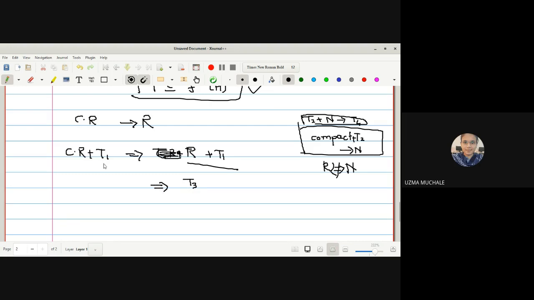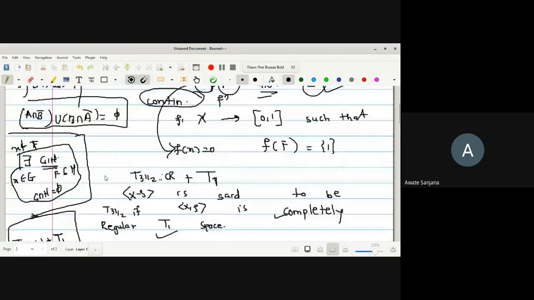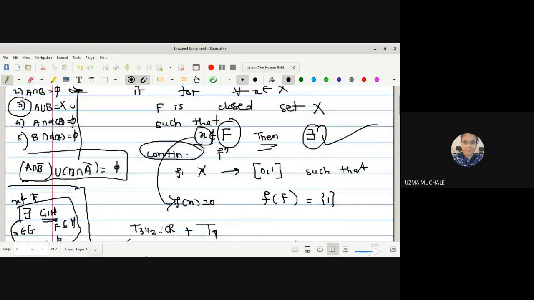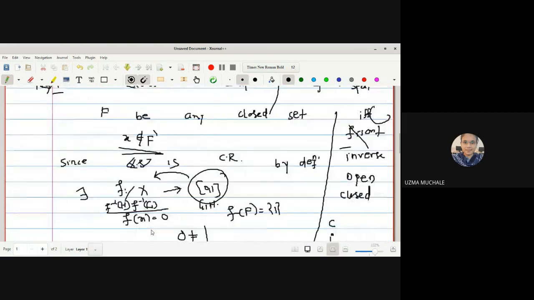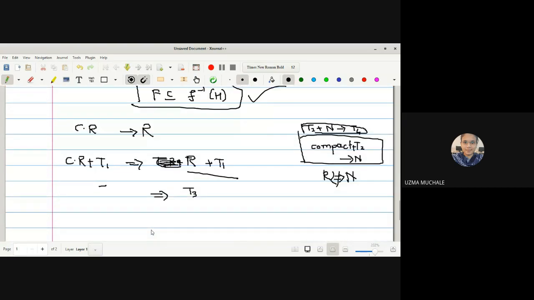Completely regular plus T1, we have just seen the definition, is T3 half. Okay, so this is our T3 half.